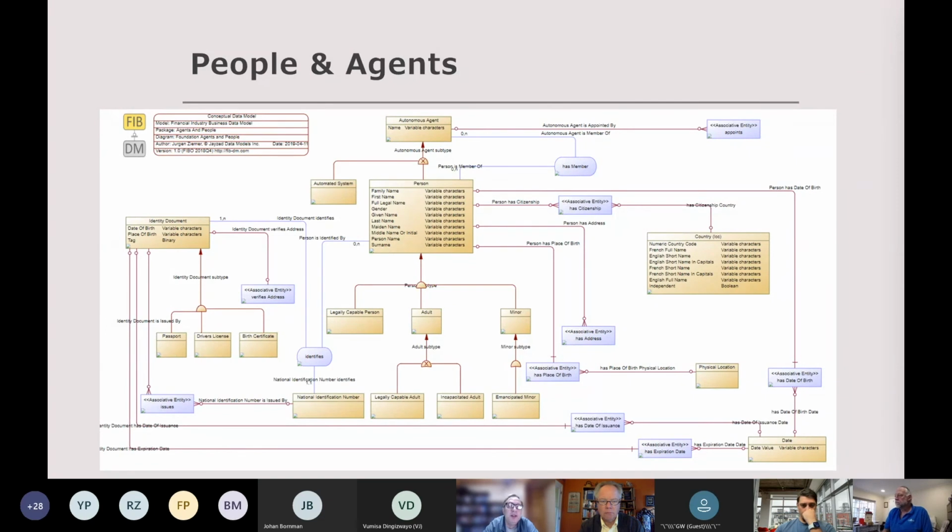And here on the top, that is the autonomous agent, and it breaks down then into the person, into an automated system, and on a different chart is also the organization. And then it breaks down further.